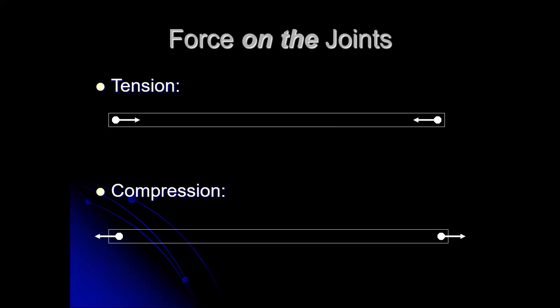So I would print out that slide, circle around it, take a screenshot, whatever you need to do. Use this at first to figure out whether the members you're working with are in tension or compression based on the free body diagram. So let's jump back to our drawing here and see if we can figure out tension or compression based on what we've got.